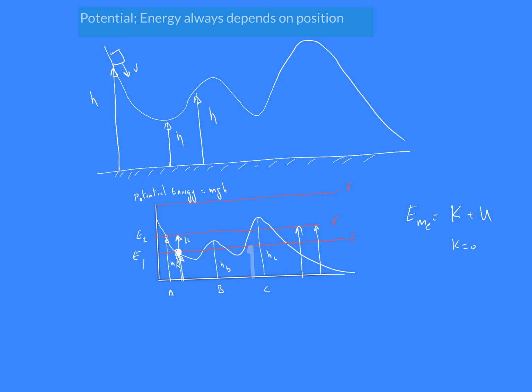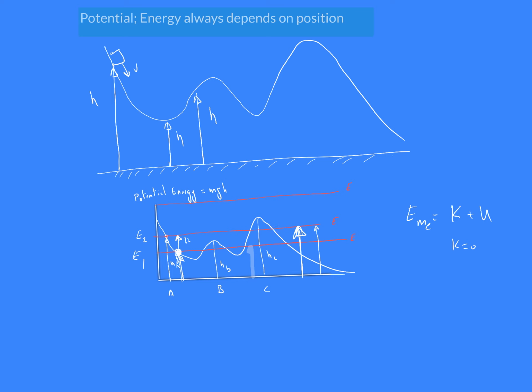The sum will be the mechanical energy. The mechanical energy is the potential energy, mgh, plus the kinetic energy. So at this point, the object will have kinetic energy if the total mechanical energy is E2.